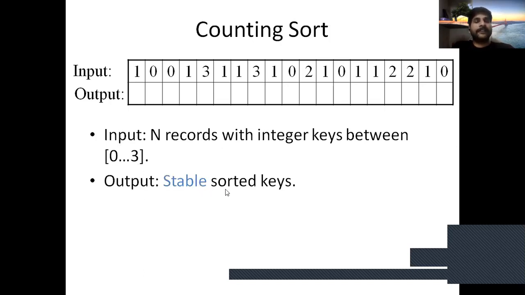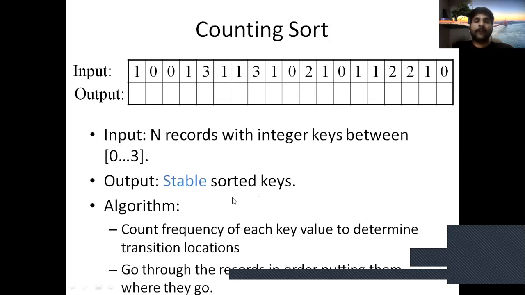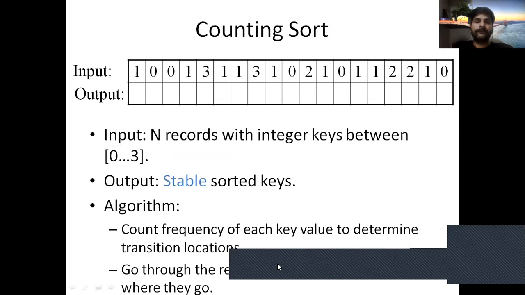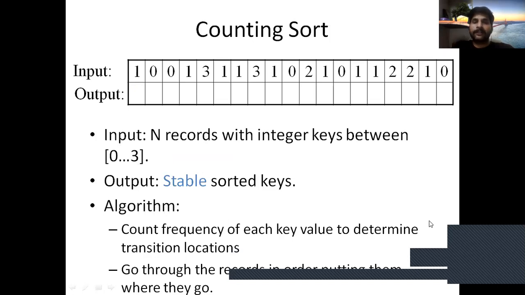The output is stable sorted keys. So the algorithm counts the frequency of each key value to determine the transition locations, goes through the records in order, and determines where they go.